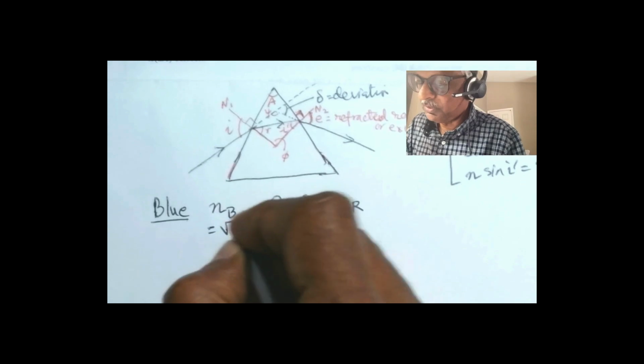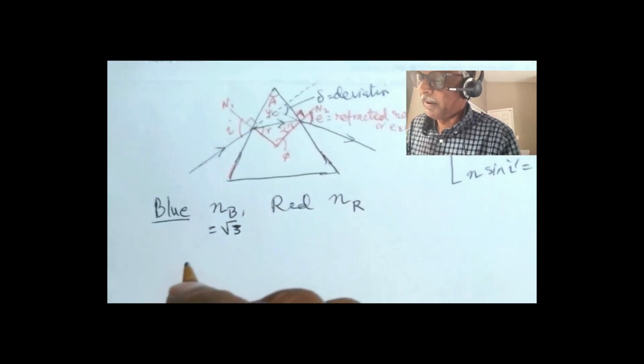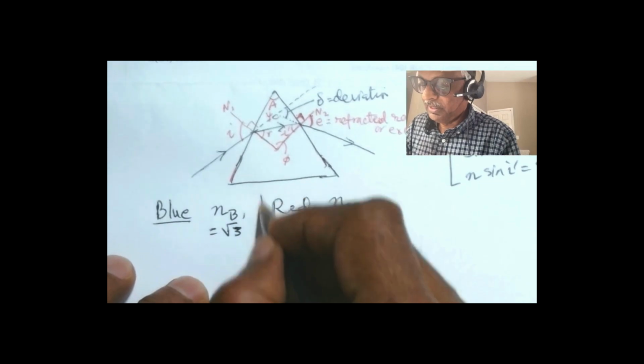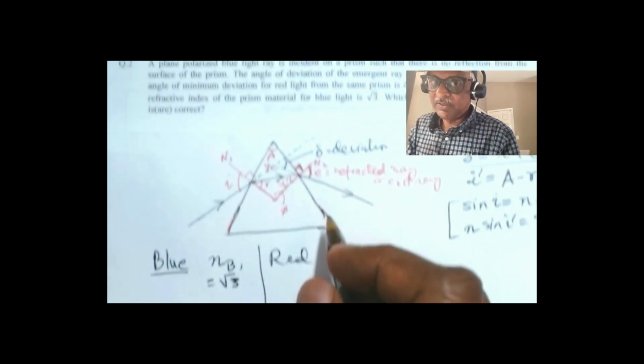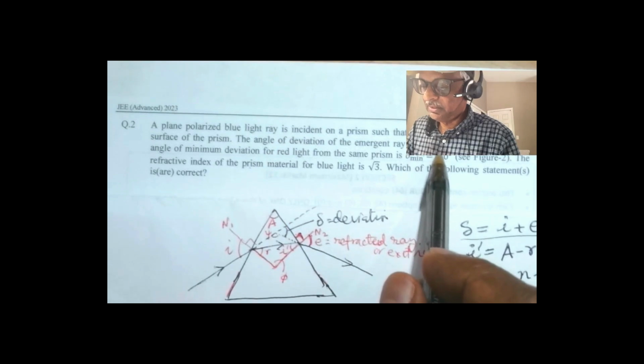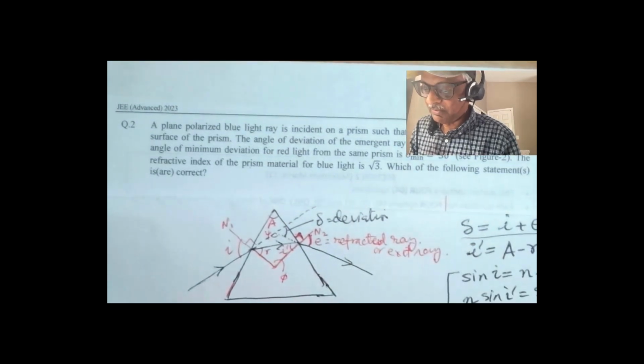So this is square root of 3, and in the blue, what's given is the deviation is 60 degrees. So here the deviation delta equals 60 degrees.